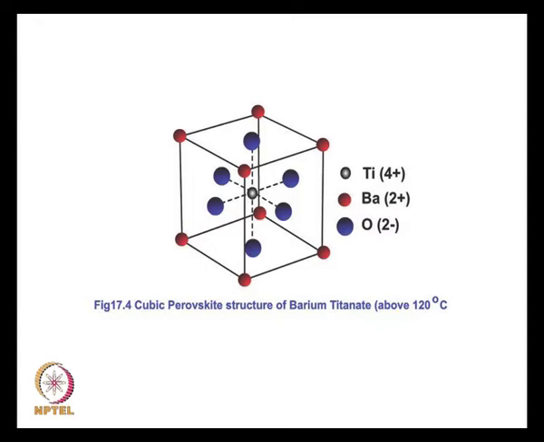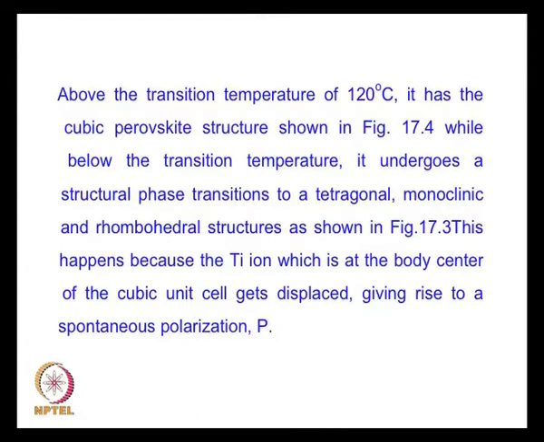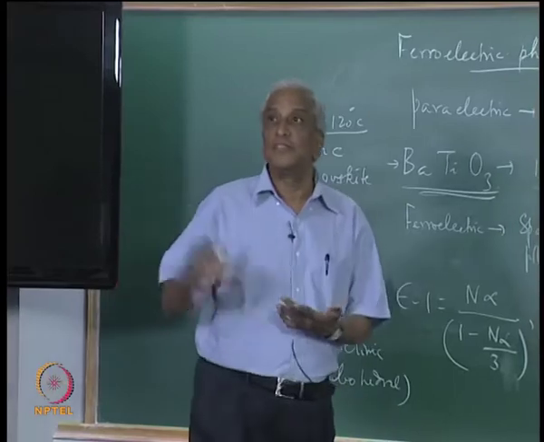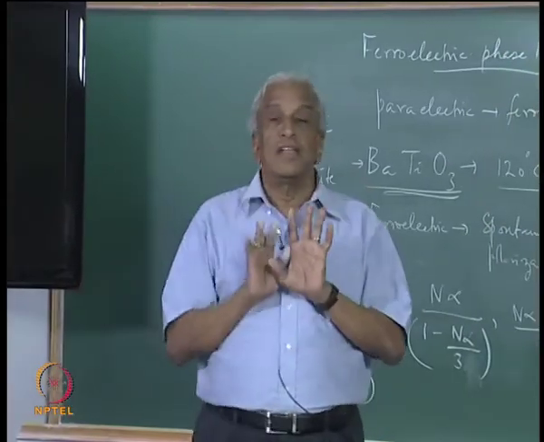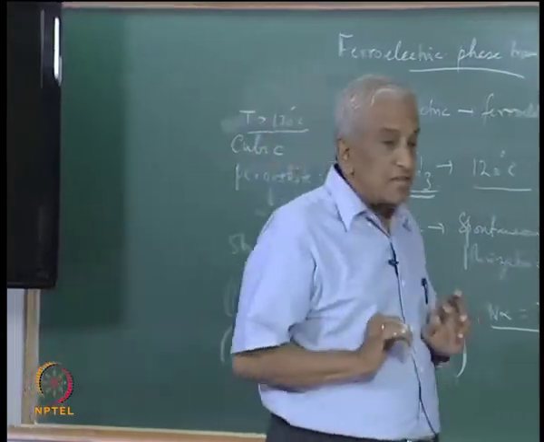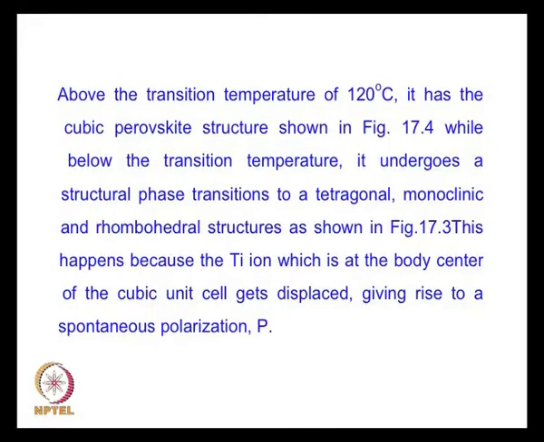So, this is the structure at high temperatures, but once you cool below 120 Celsius, this goes into a tetragonal structure, because the titanium ion, which is at the body center of the cubic unit cell, gets displaced, and because of this displacement there is a spontaneous polarization. This is the mechanism of the build up of the spontaneous polarization in this ferroelectric.